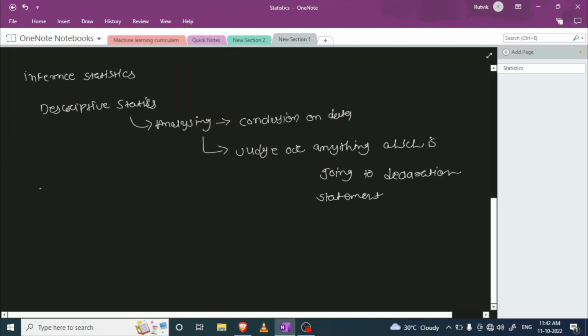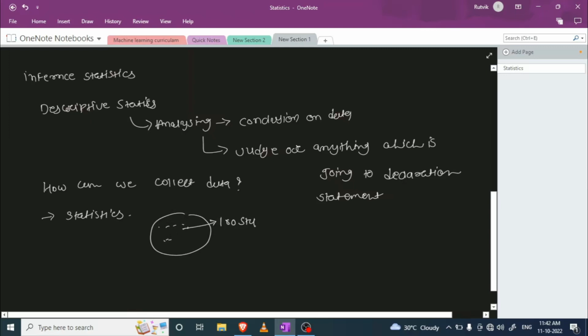Now, how can we collect the data? This question is very important. On which data are we going to perform all the statistics? Suppose we have a class of 100 students, and we make a sample of them.